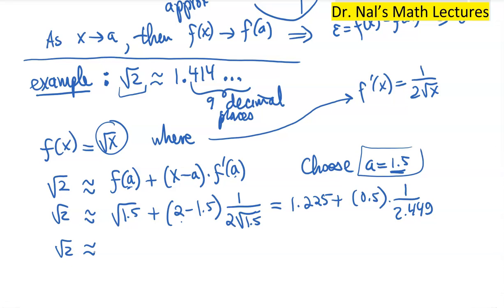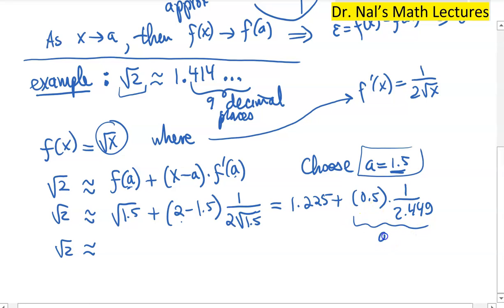We have 1 over 2.449 times 0.5, so the second term here is 0.204. The first term is 1.225, and as a result this came out as 1.429. Yeah, that was a really good call, right? We know that the correct answer is this.